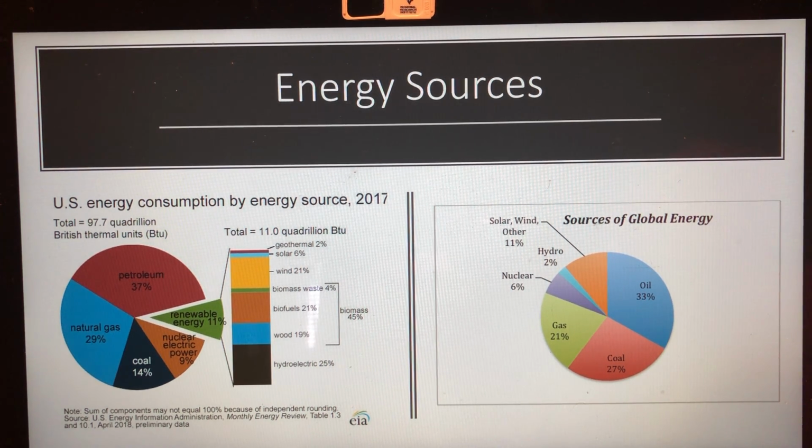So at the global level, renewables constitute about 13%, and fossil fuels, oil, gas, and coal, constitute about 81%. This is a similar case in most countries, including the US. Take a look on the left side. Much is from oil, coal, and natural gas.